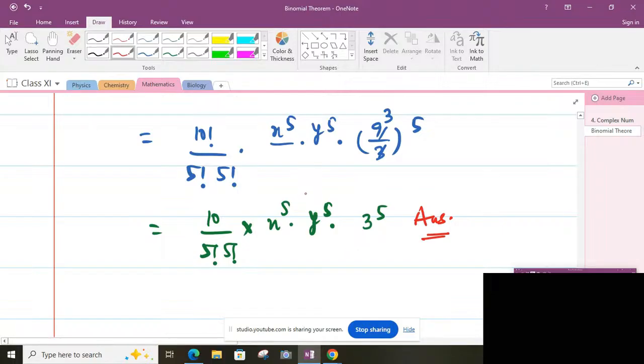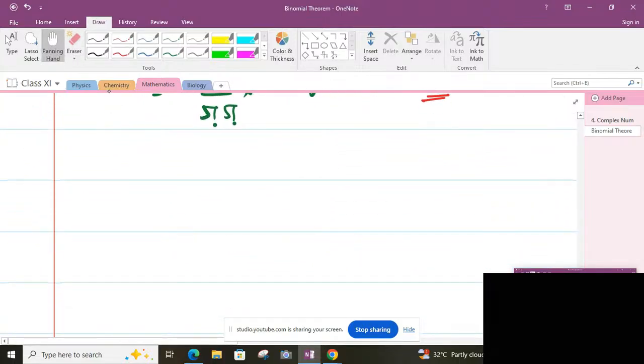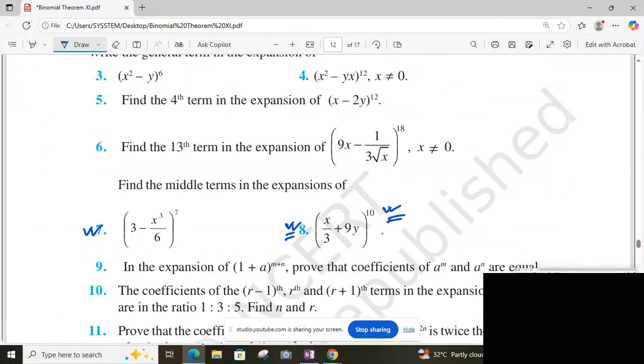Let's solve the question when n is odd. Let's see question number 7. In this question, here is 7 and 7 is an odd number, and we try to find out the middle term. Let's solve this question.